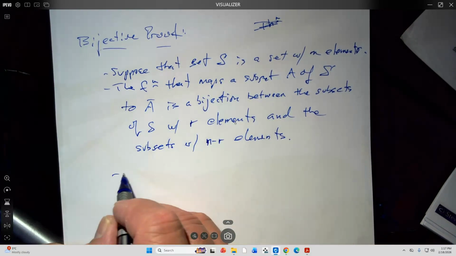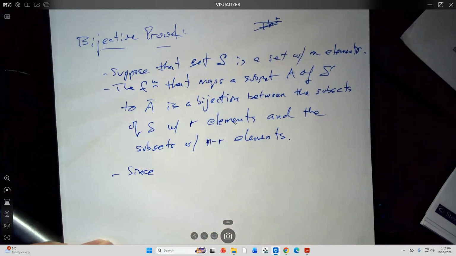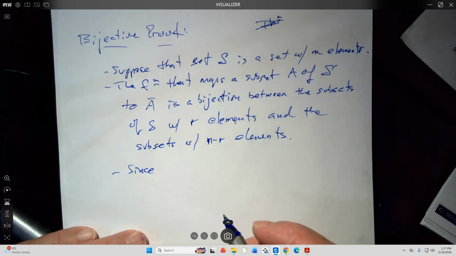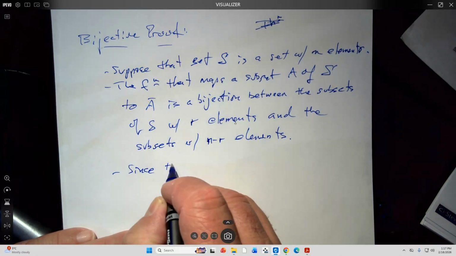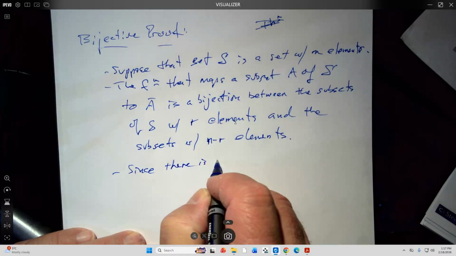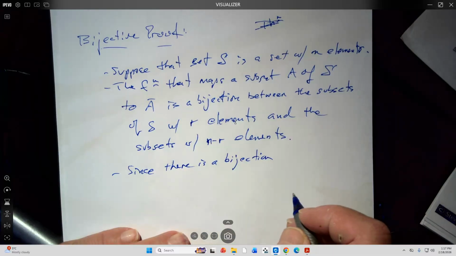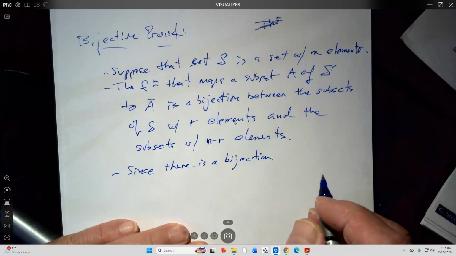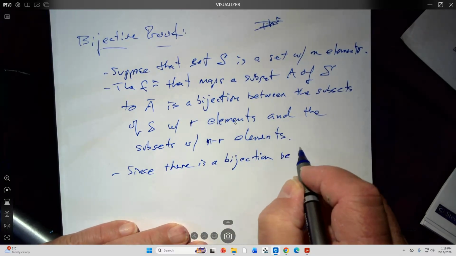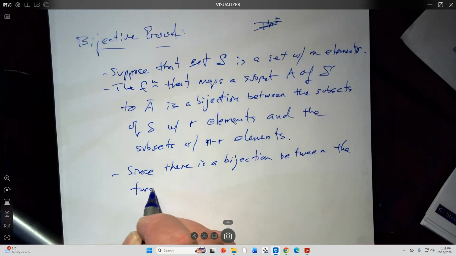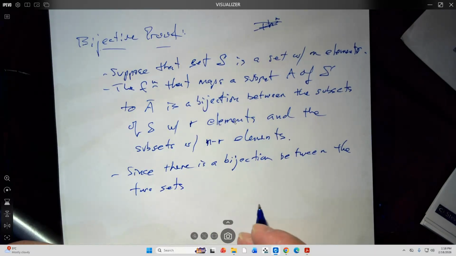Since there is a bijection between the two sets, they must have the same number of elements.